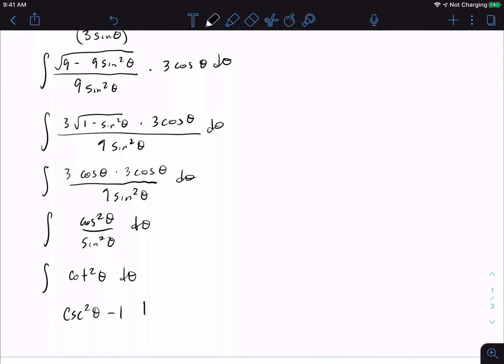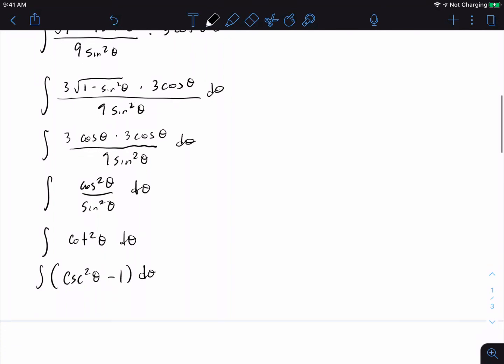When we're going to break it up, d theta integrated. And the integral of cosecant squared is a negative cotangent theta. The integral of 1 is theta, and then we have to add some constant c, correct? Are we in agreement?